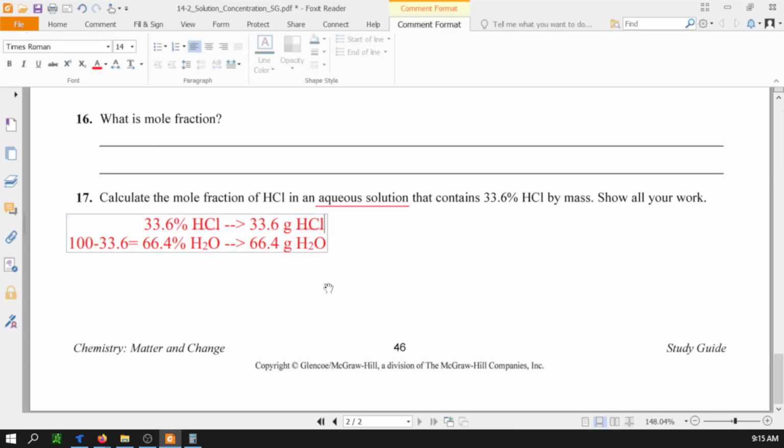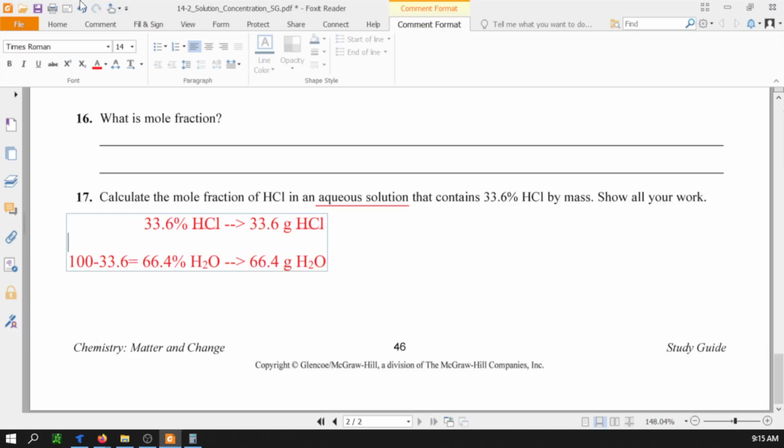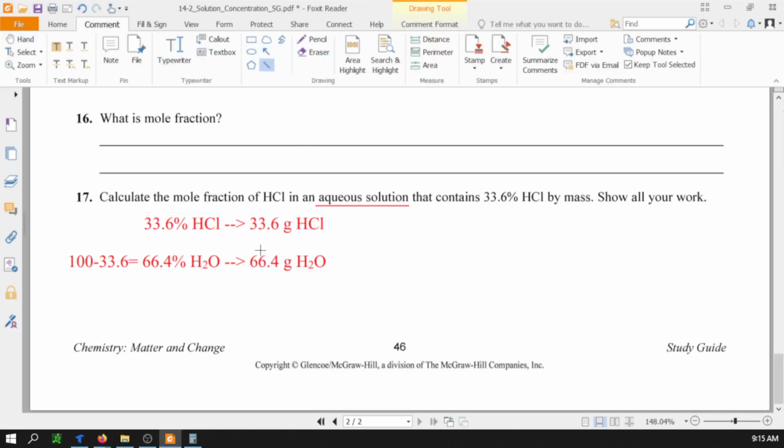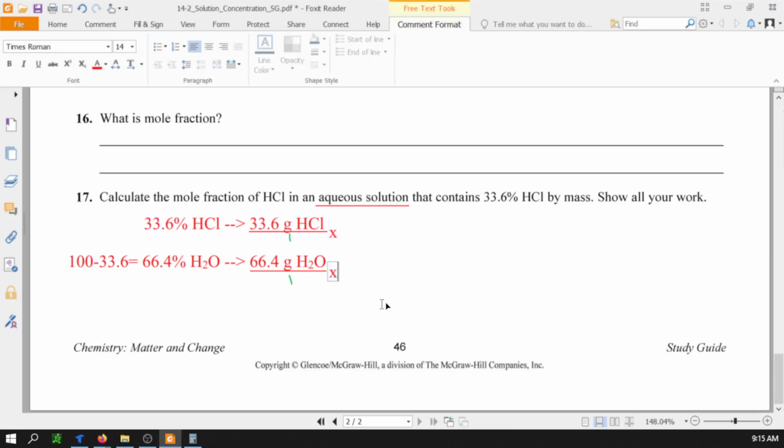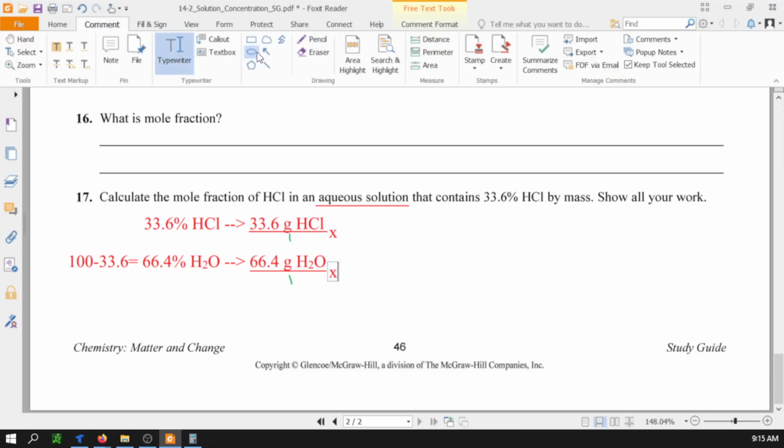If we have masses, we could get moles. With a molar mass, we can convert these to moles.